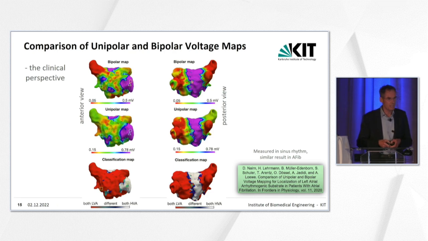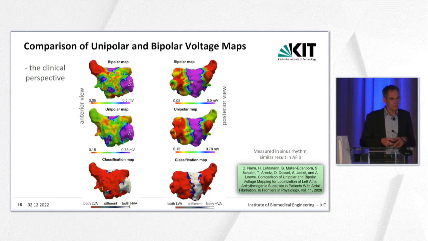So a real clinical study. On the left side, the anterior view, on the right side, the posterior view, and in the upper, the bipolar voltage map, then the unipolar voltage map. And if you then agree on the threshold and say, I classify 0.5 millimeter to be low voltage, and then compare the two maps, they overlap completely.